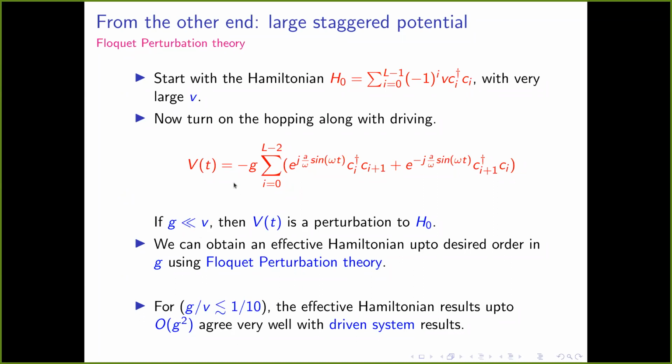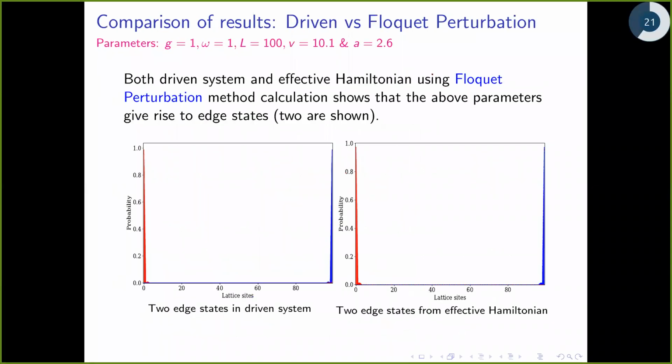So if G is much less than V, then this V of t acts as a perturbation to H naught, and we can have an effective Hamiltonian which is not time dependent, up to a desired order of G, using this Floquet perturbation theory. Now what we saw is that even if G by V is of the order of 1/10, if we go up to order G squared, then the effective Hamiltonian results agree very well with the driven system results.